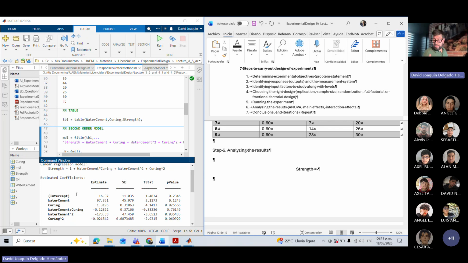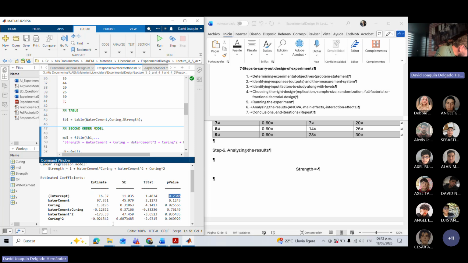How do I know that the coefficient of the intercept is not significant? Because this p-value is very high. If I compare this value with the 0.05, which is the limit, I can see that this is much higher than that critical value. So I don't include this intercept in my model.